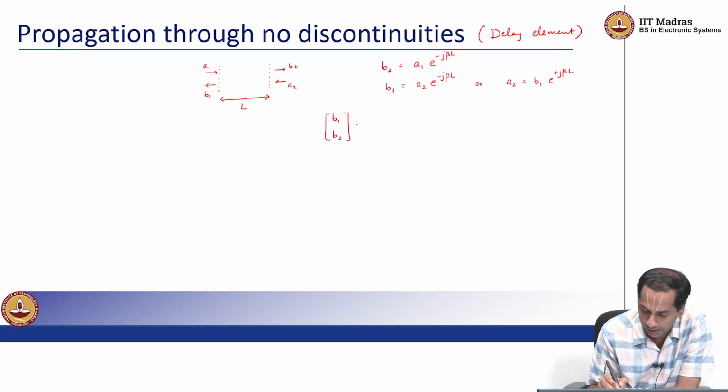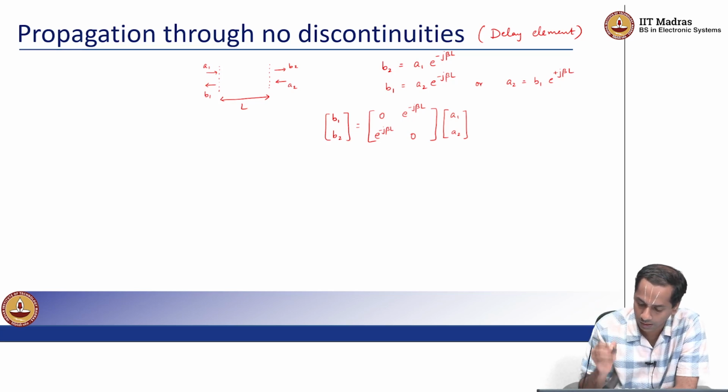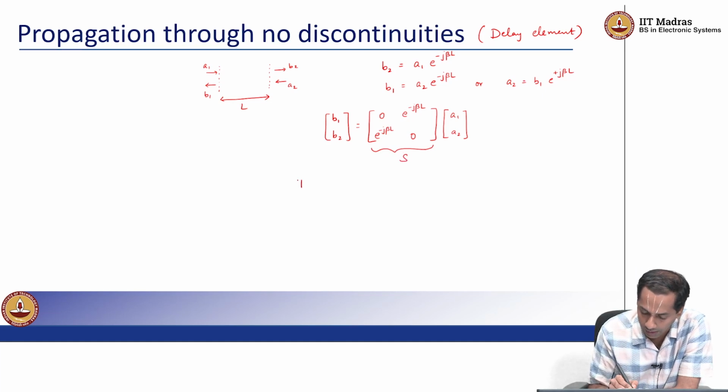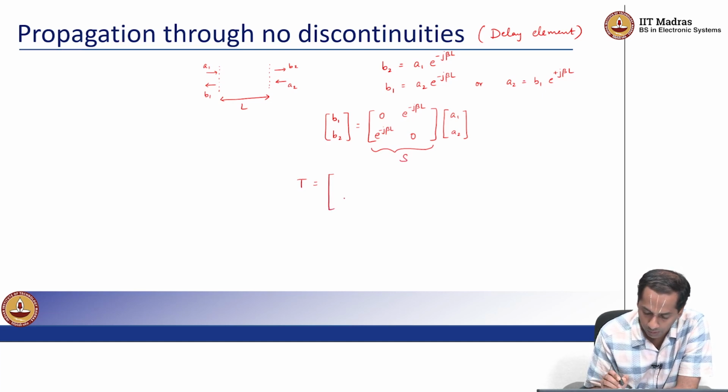So if I am looking at the scattering matrix, I actually just get 0, e to the minus j beta L, e to the minus j beta L, 0. Okay, so this is my S matrix, and if I want my T matrix, you can of course use the relationship, but since it's such a simple one, we can actually quite trivially write it down.